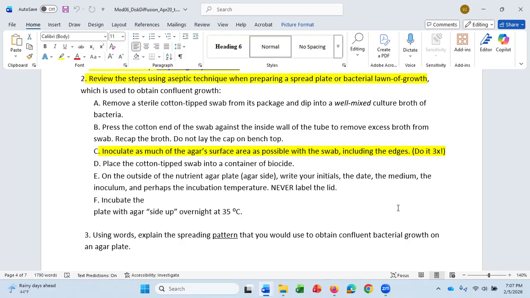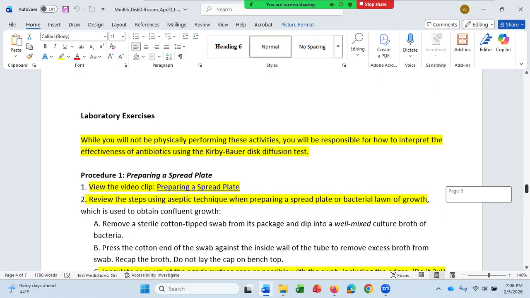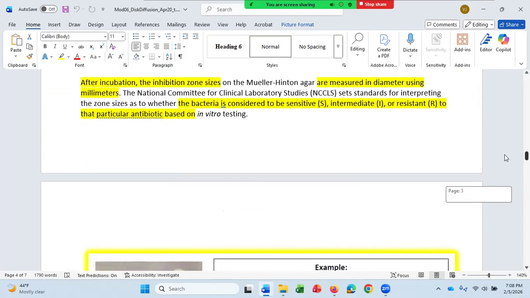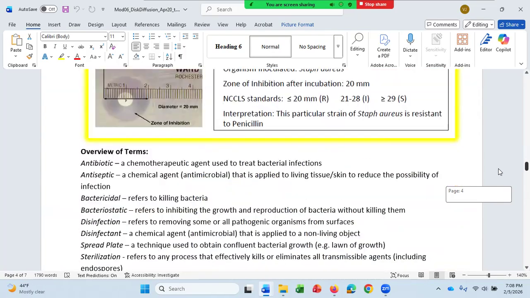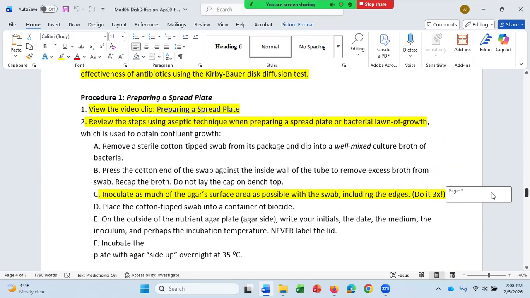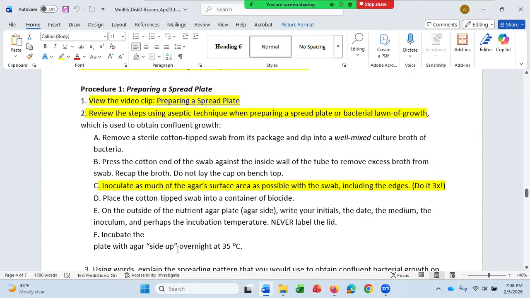Usually you put the plate in upside down and incubate it overnight for 16 to 18 hours at 35 degrees Celsius. Make sure I got the time right there. Yep, 16 to 18 hours. We usually do overnight incubation because in the lab we can't do exactly 16 to 18 hours, so we do closer to 24 hours, which is good enough to do the Kirby-Bauer method for the lab.